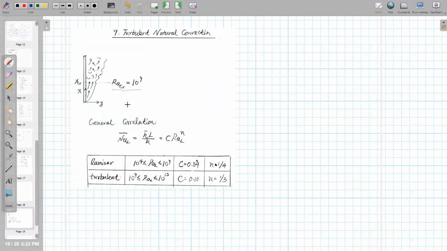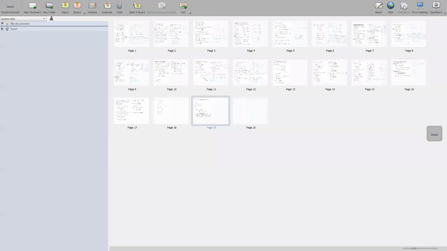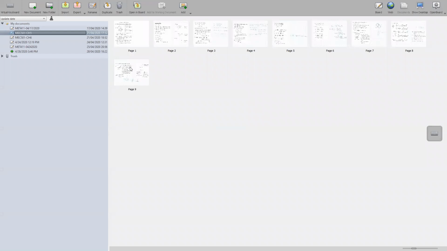Actually, when we talked about this in our previous chapter, let me see if I have this. File. Okay, is this one? This is internal.